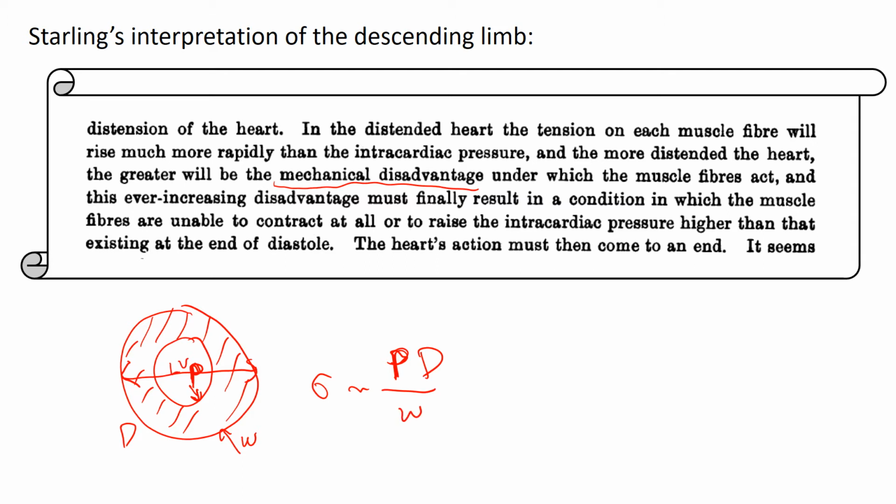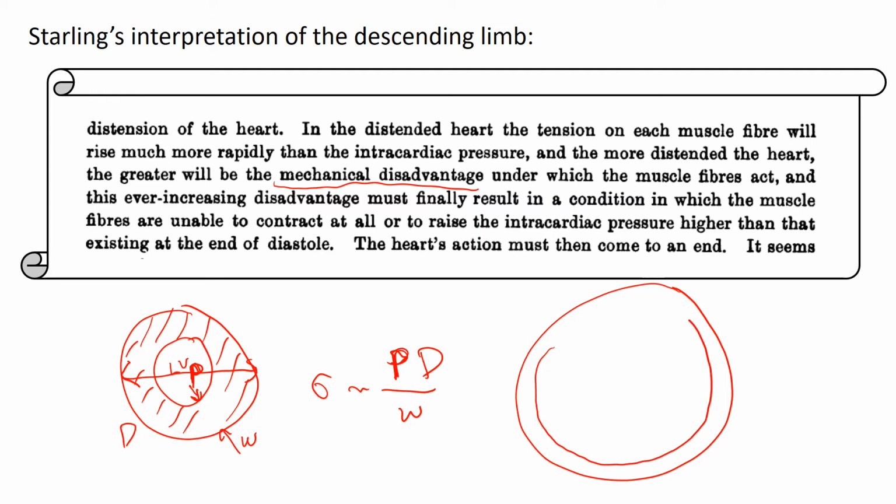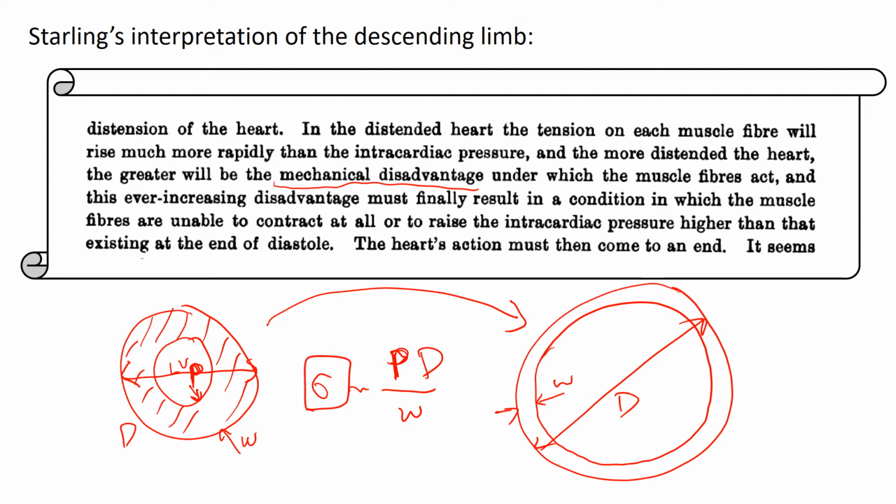So if you had a really dilated heart, you filled it up a lot, well, you take this initial geometry and fill it up. The wall thickness is going to go down, and the diameter is going to go up, right? And so what that means is, with big D and small w, the amount of active stress, or sigma, in this equation, you needed to develop a certain amount of pressure would get really high.